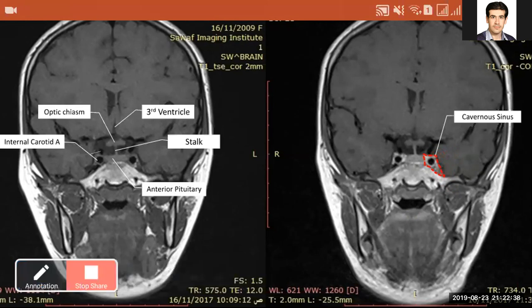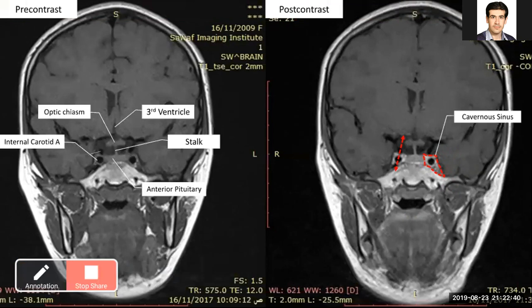Or we can use this technique. We draw a theoretic line on the median line between the carotid arteries. If any pituitary tumor passes through this line, that means that the cavernous sinus is invaded by more than 50%.